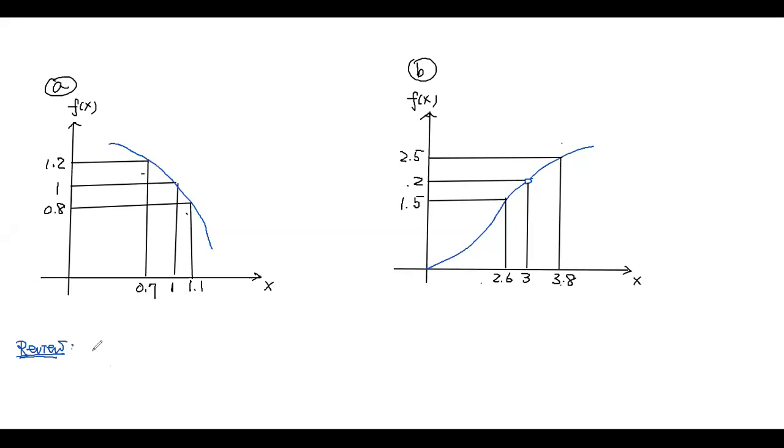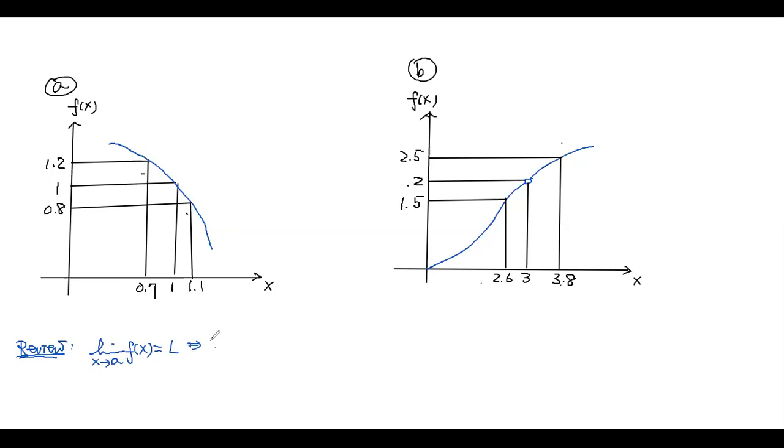Like we say, the limit as x approaches a of f of x is equal to L. We are very familiar with this notation. That means when x gets very close to a, f of x approaches a limit. So what is the math definition?